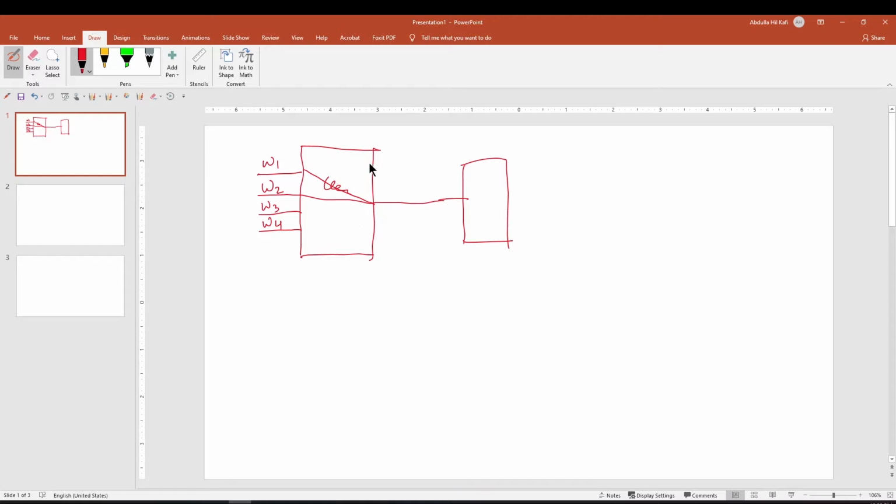But how will this line be selected? That's why we need a selector pin. Suppose we name them S0 and S1. The system controls these two lines, and by controlling them it selects W1, W2, W3 or W4.